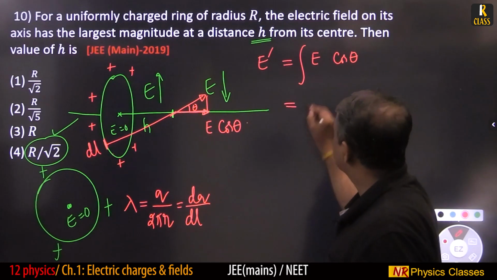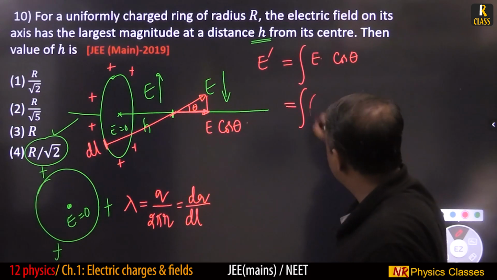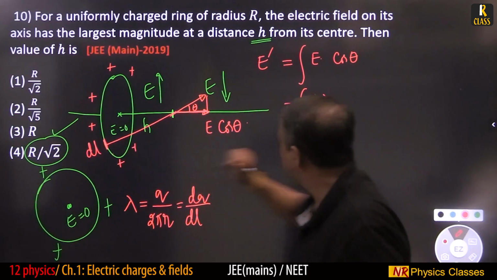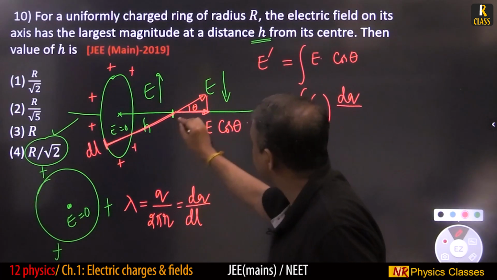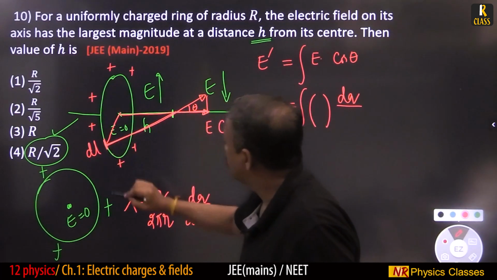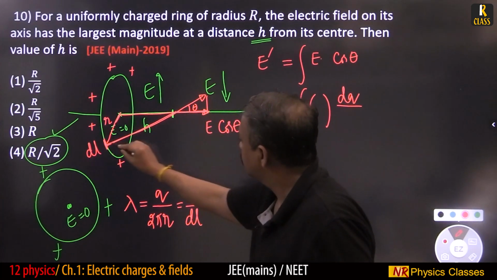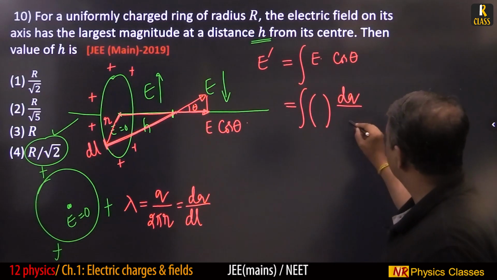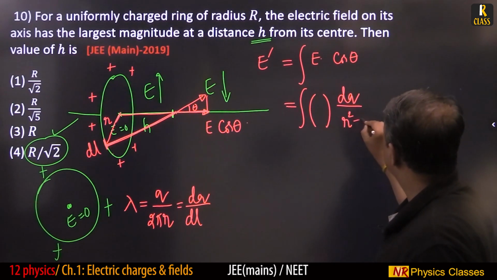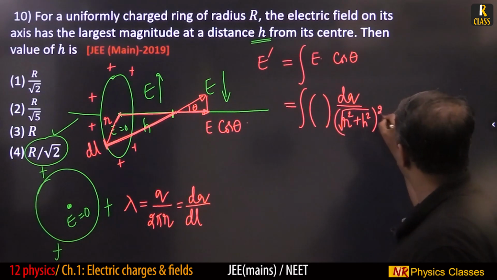Now, what is E? Integration of E is constant. This small charge is dq, by this distance. Radius is r, this distance is h. This is the hypotenuse, so the hypotenuse is under root r square plus h square, and then it is squared.